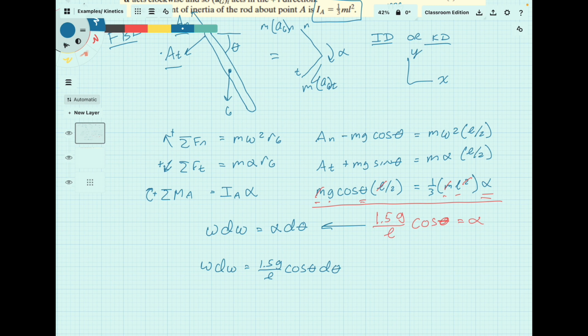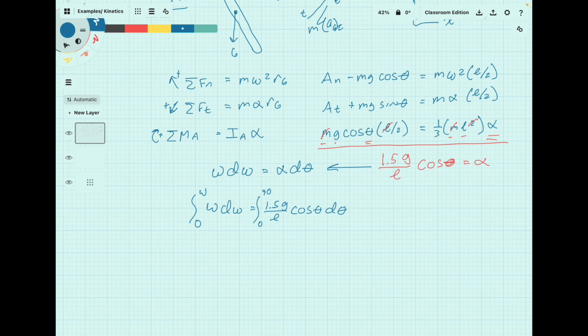And then we can integrate, and we are releasing this from rest. So we're starting out with a speed of 0. We end up at some future speed, omega. And then on the other side, we're going from 0 to 90 degrees.